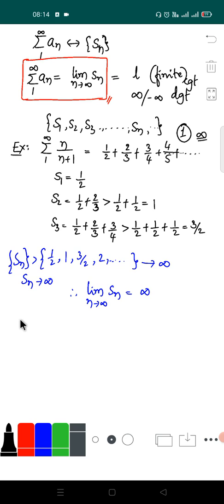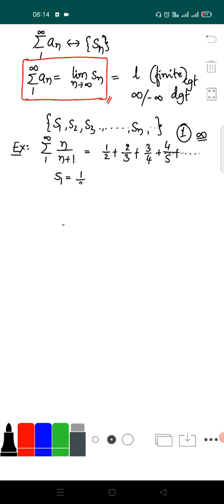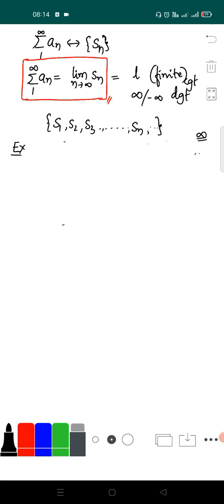And if you take the next example, example 2, the summation of minus 1 whole to the power of n, where n goes from 1 to infinity.